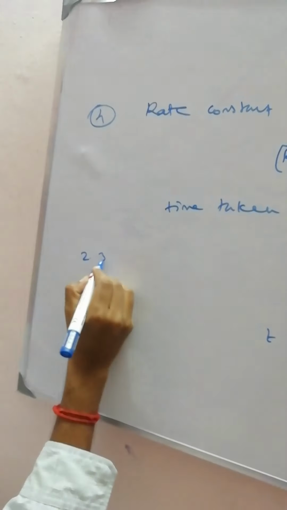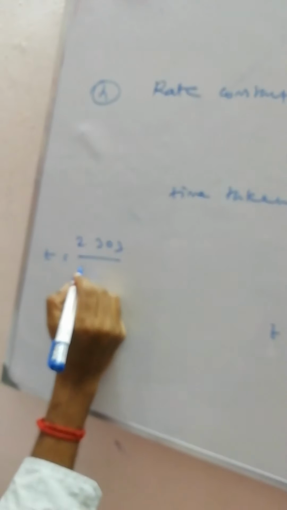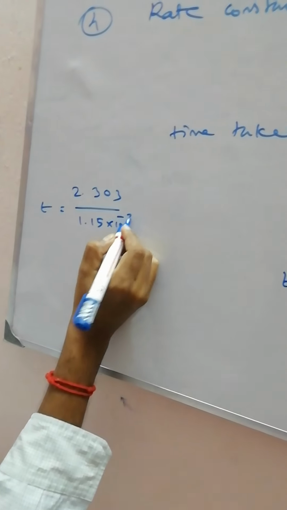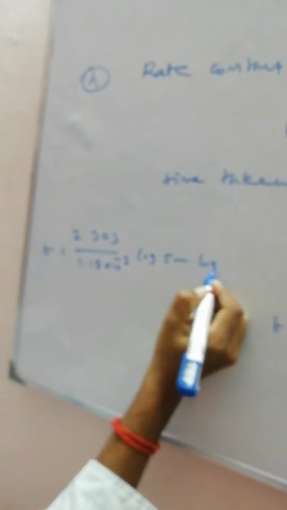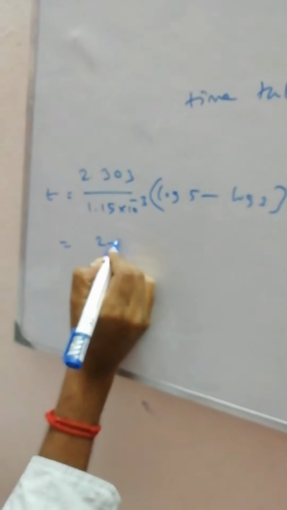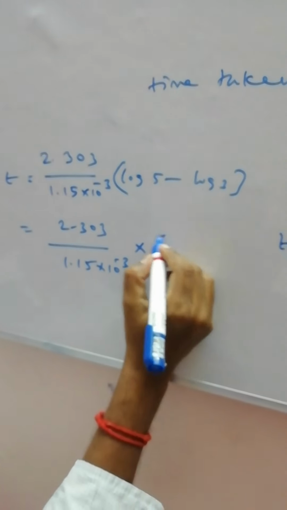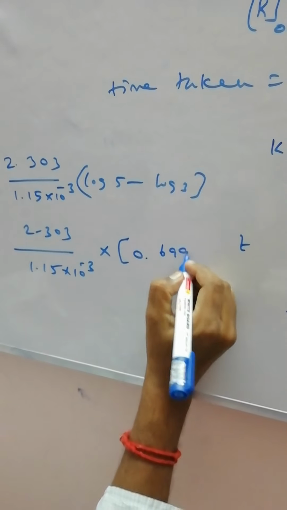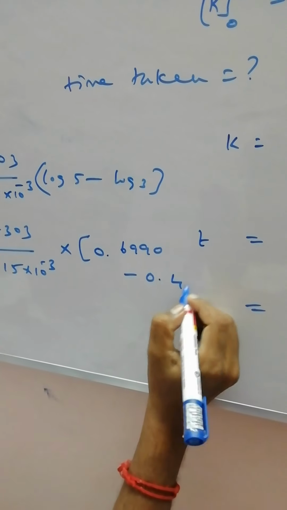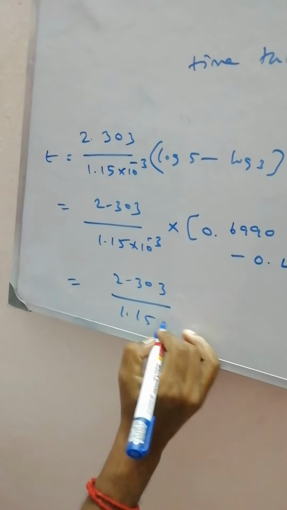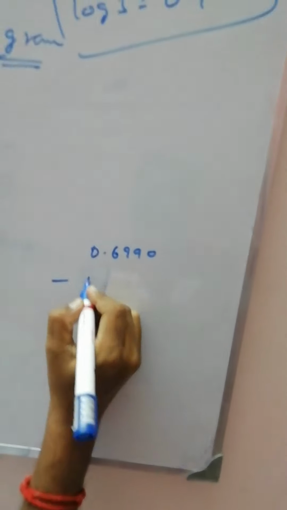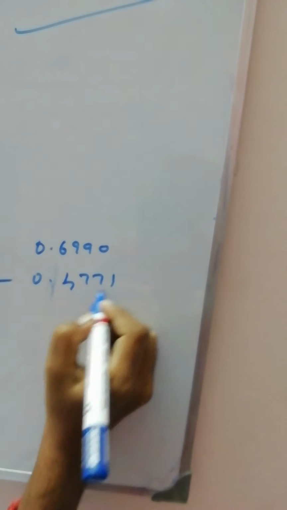So we have to substitute here: 2.303 by 1.15 into 10 to the power minus 3 into 0.6990 minus 0.4771.